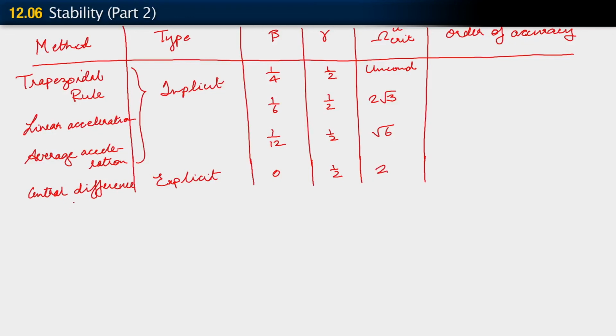For order of accuracy, all of these are second order. One caveat though is that you get a truly explicit algorithm only for M and C being diagonal.